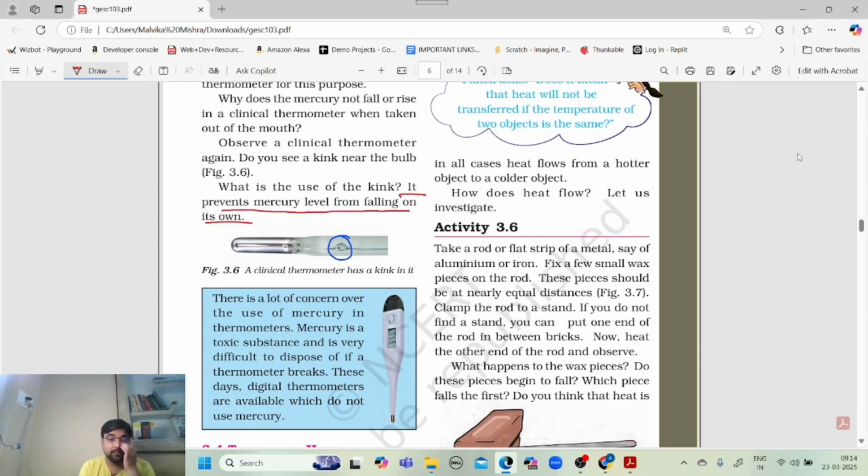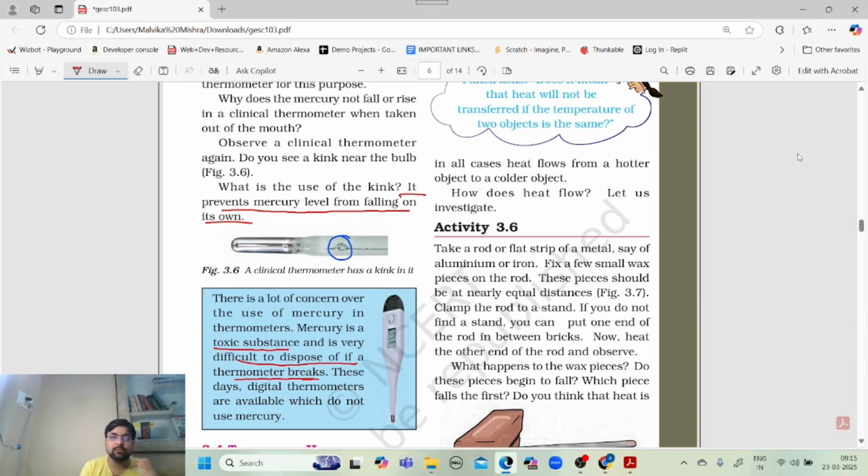But see, this mercury used inside the traditional thermometer is toxic in nature, right? Once your thermometer breaks into pieces, mercury gets released into the atmosphere, and it is very difficult to dispose of if the thermometer breaks, because it is toxic.